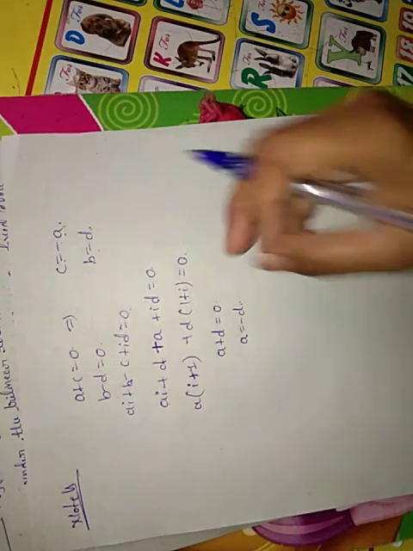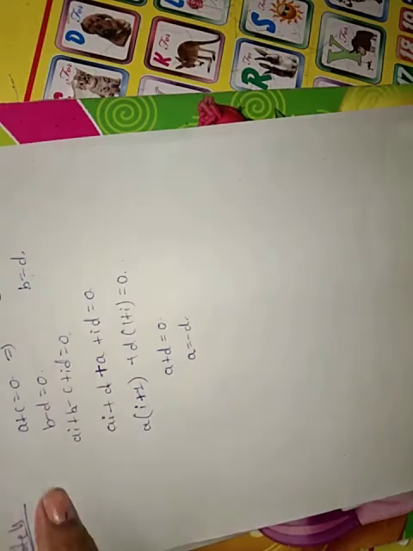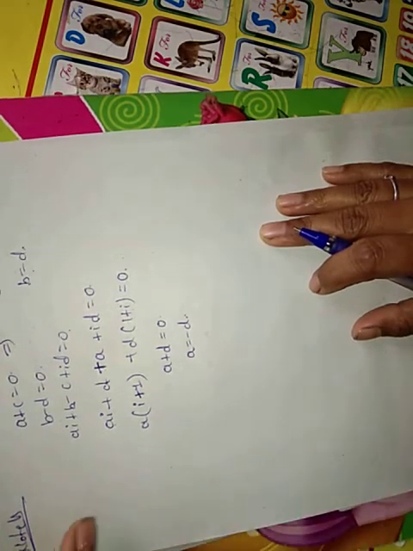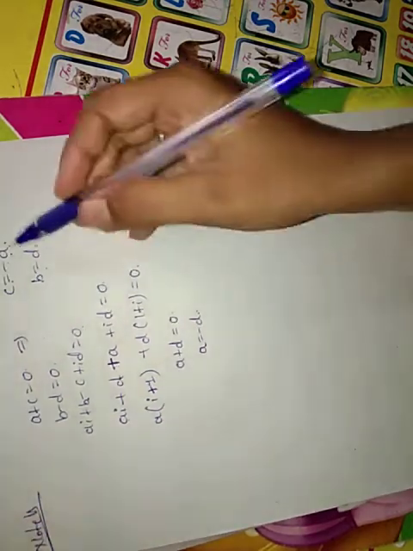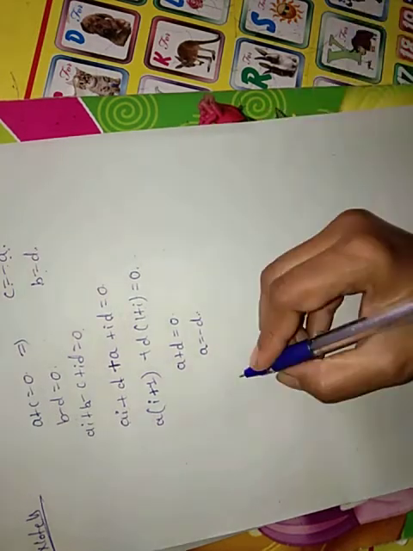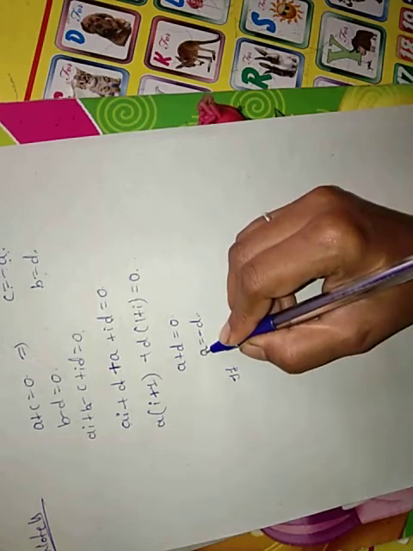Now we are going to choose a value randomly for any constant. Randomly you have to choose a value for a, b, c, d. When you choose randomly, it is better to choose 1. Clear? So a is 1 or d is 1, whatever. Either choose a or d.